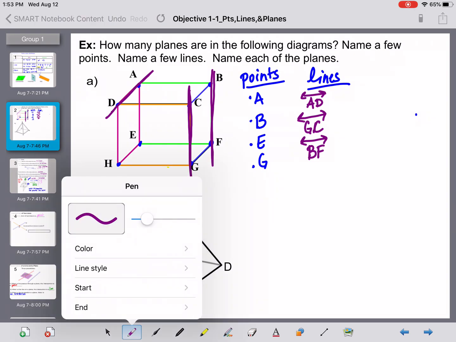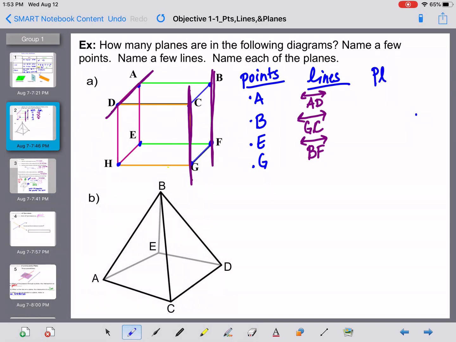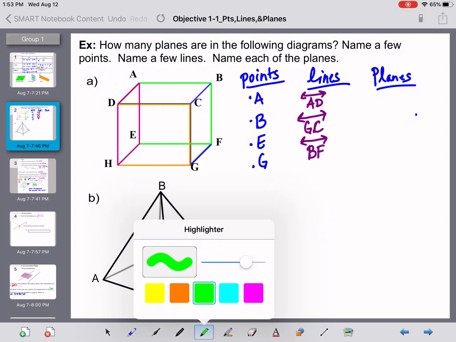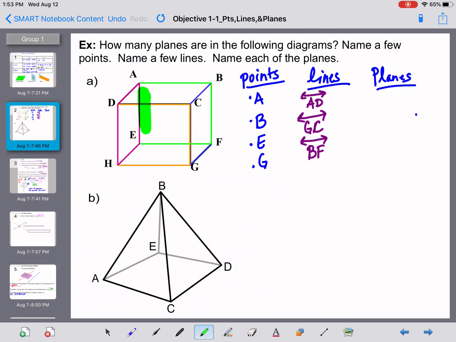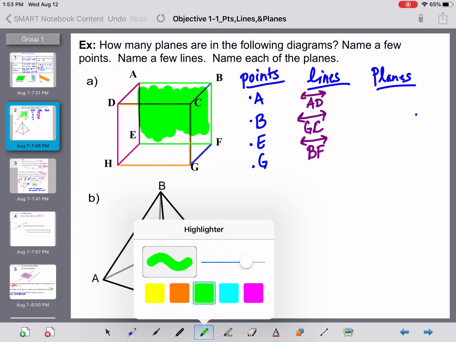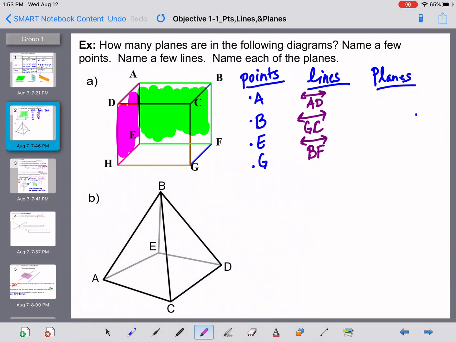And now, we want to name some planes. So planes, first, let's figure out how many we have. Okay, so I've got the green one in the back, 2 sides, one side, 2 sides, that's 3.